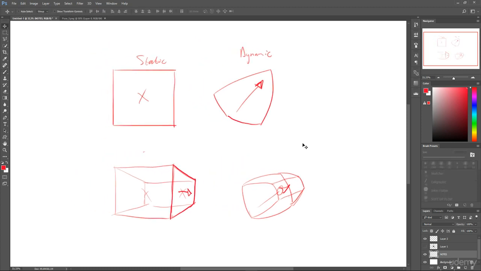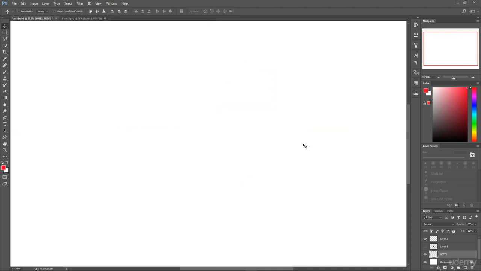Now, adding on to this knowledge, we know dynamic is good, but how do we apply this dynamism to the human form? This particular theory has different names, although I don't think it's ever been called the name that I tend to call it, or explained in the way I'm going to explain it to you. But nevertheless, I like to think of this as opposing curves.